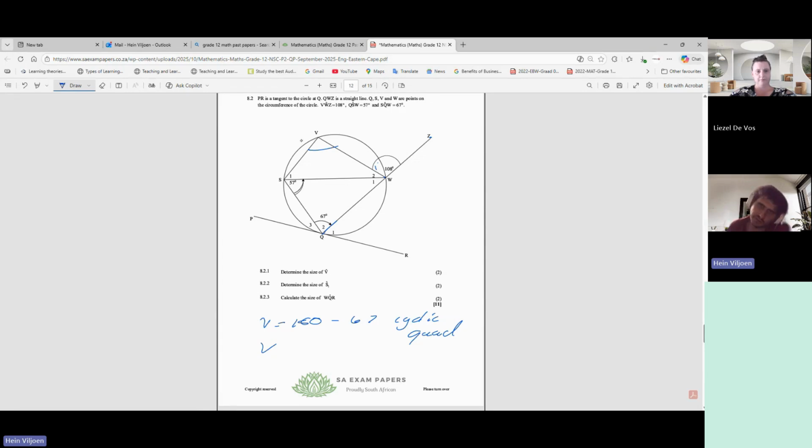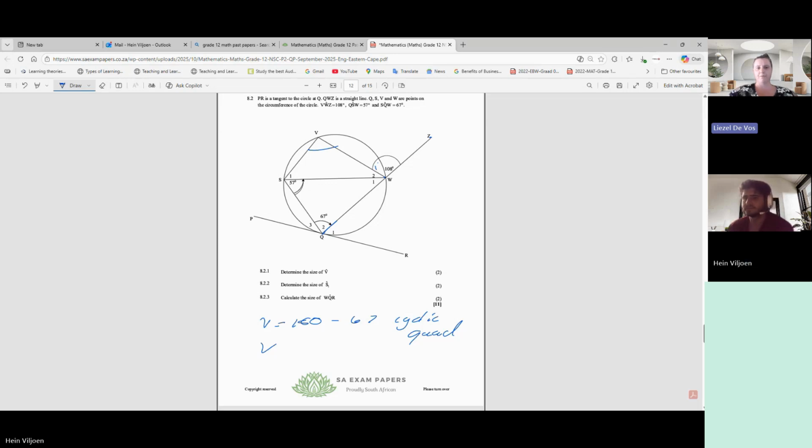Normal Euclidean geometry says, since this line is a tangent, W would be equal to 180 minus 108, because that would be the general theory of angles on a straight line. It can be used, it's not incorrect, but it's not recommended to use it. Okay, and why don't we recommend using it?